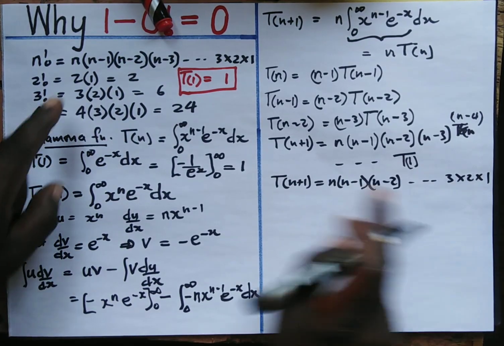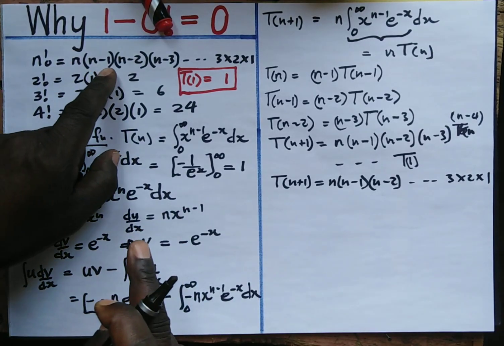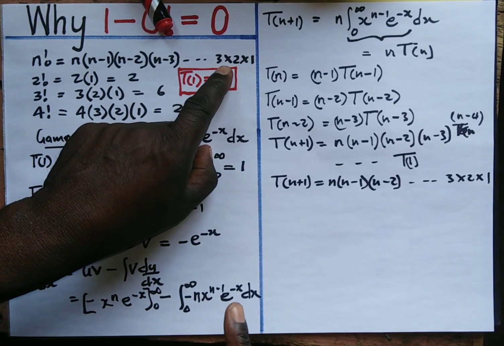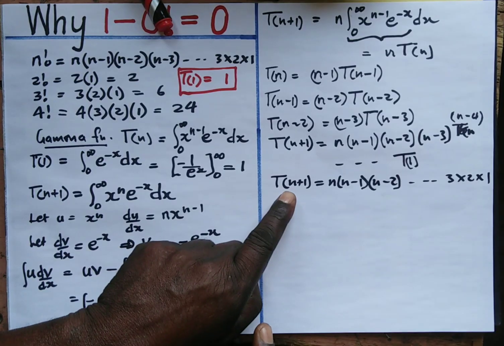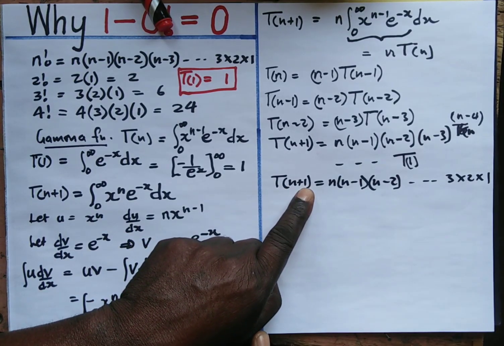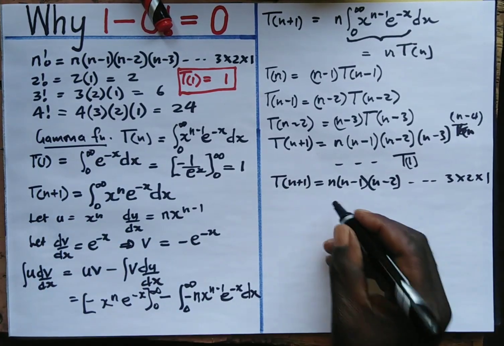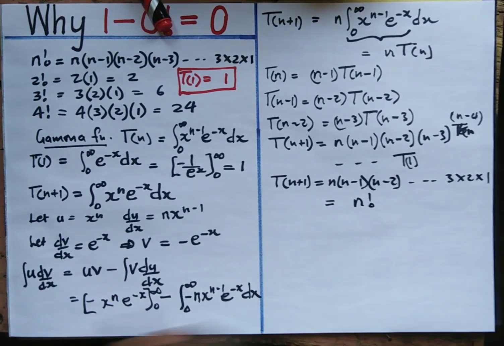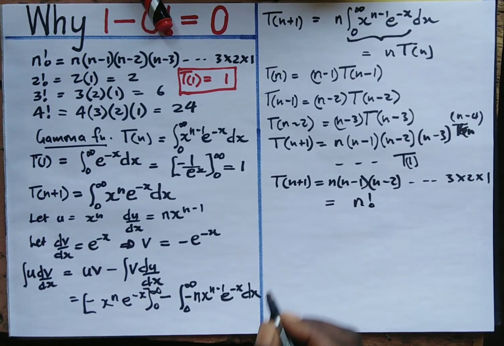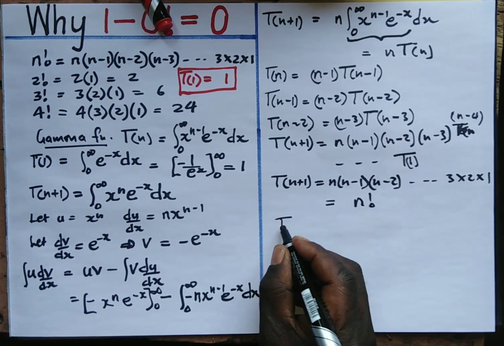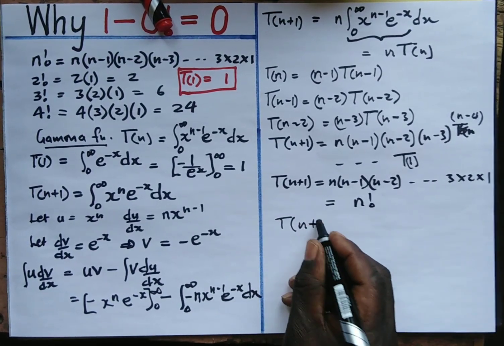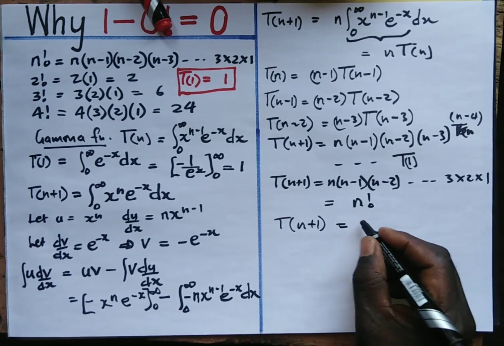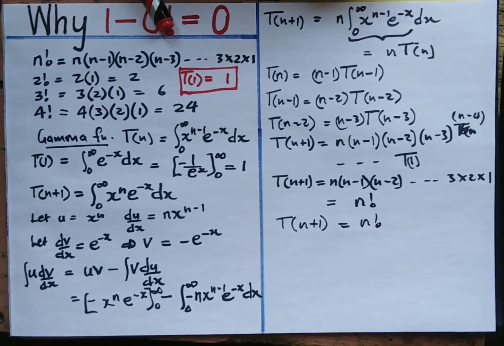Because look here, our n factorial is n times that, all the way until we get to 1. So gamma of n plus 1 is equal to n factorial. So let's write it neatly and say gamma of n plus 1 is equal to n factorial.